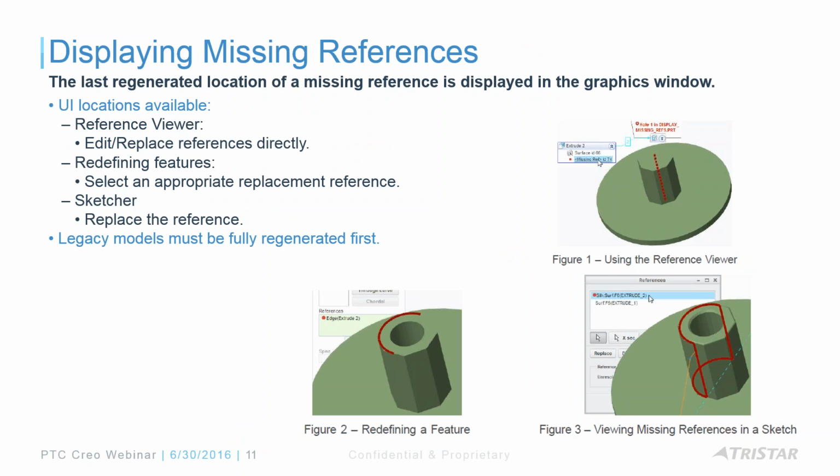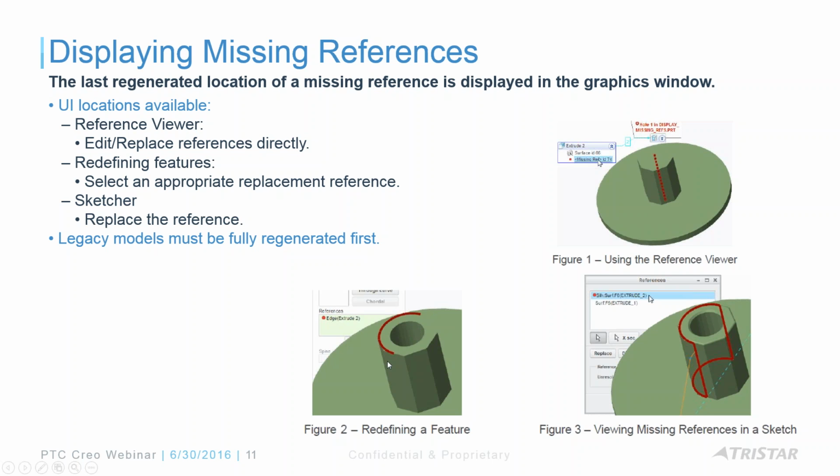In Creo 3, one of the new tools which really makes it easier when you have missing references is the displaying of missing references. Once your model has been regenerated successfully the first time, then when you have a failure, it will show you the reference highlighted as to what it was referencing, even though that doesn't exist.